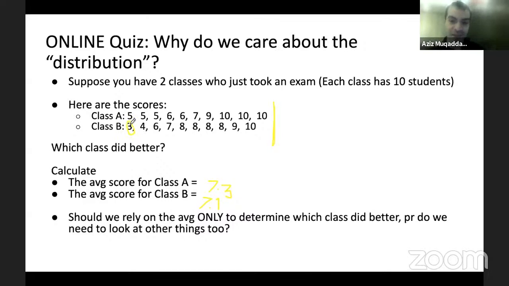So this person basically, assuming this person received, so one person received 5. What would be the average score for class B? I'll do the calculation real quick. You'll add 0.2. It's 2 points, and you have 10 students. So add 0.2 to 7.1. What would be the average for class B?